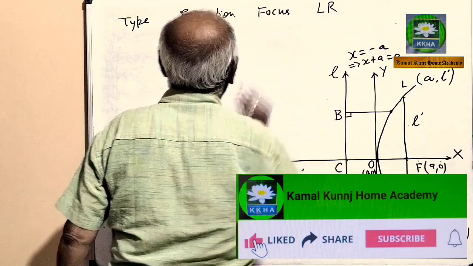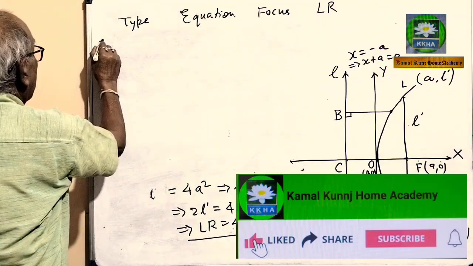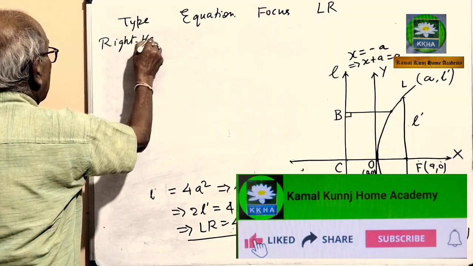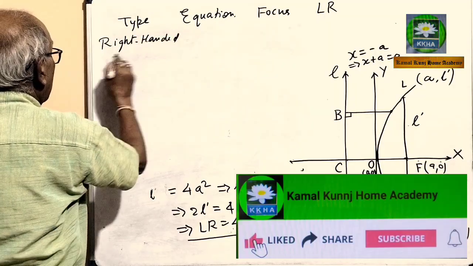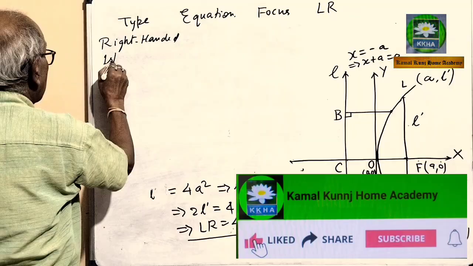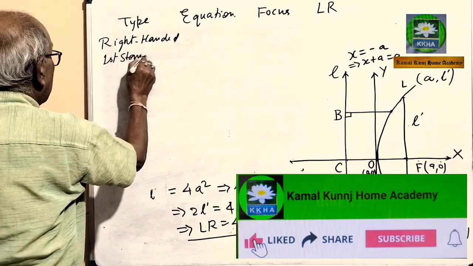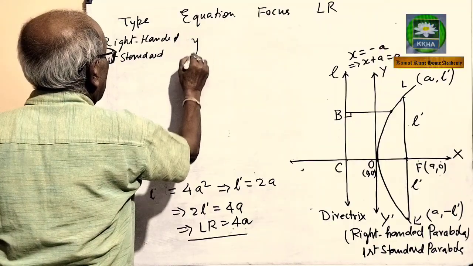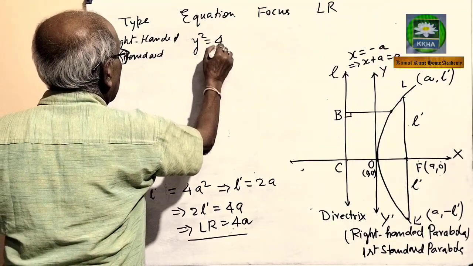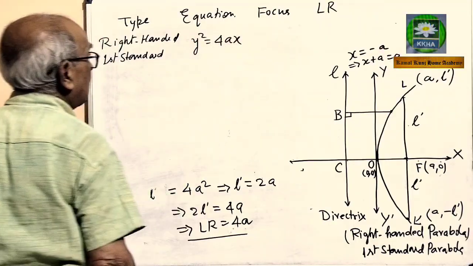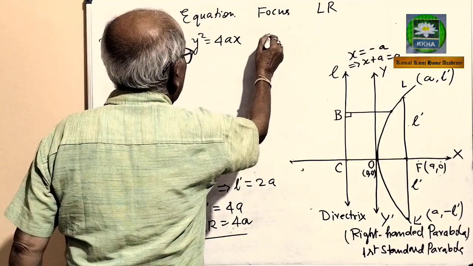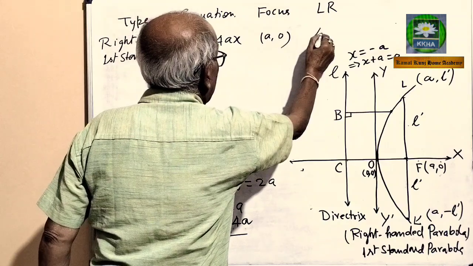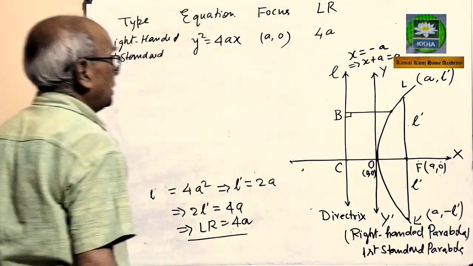Type is right-handed parabola, or you can say first standard parabola. Equation is y square equal to 4ax. Focus is (a, 0). Latus rectum is equal to 4a.